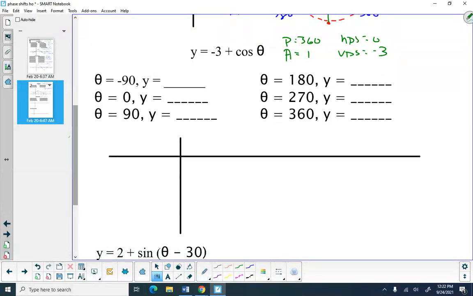So if I space out my graph, I'm going to count out my 90s again. And I'm going to count down 4. I can go 5, it doesn't matter.